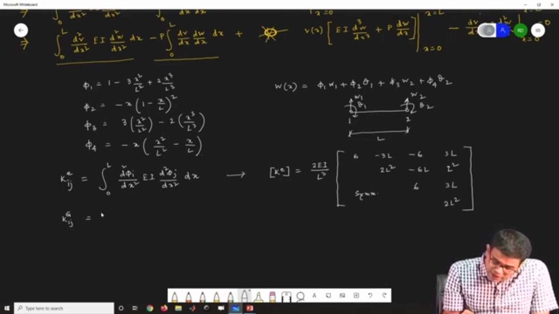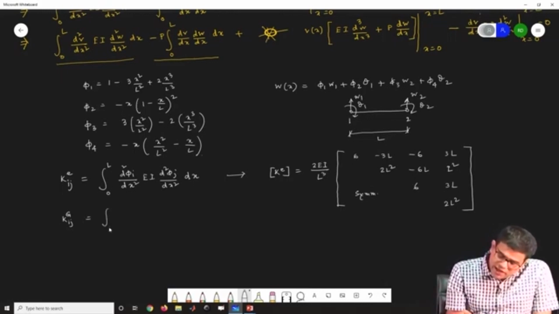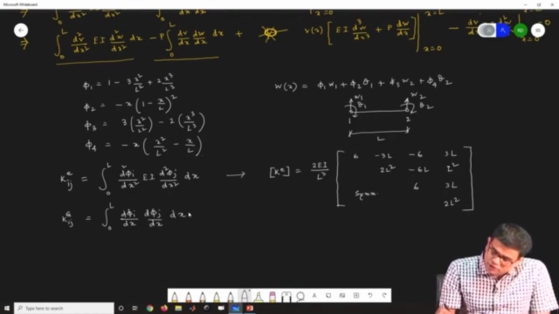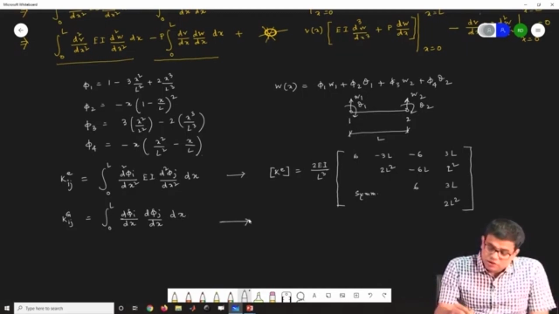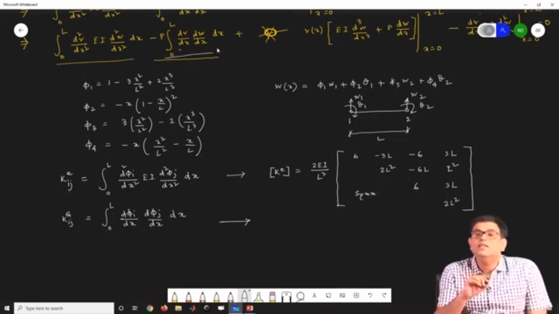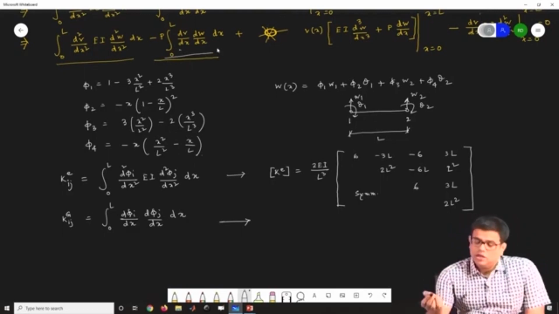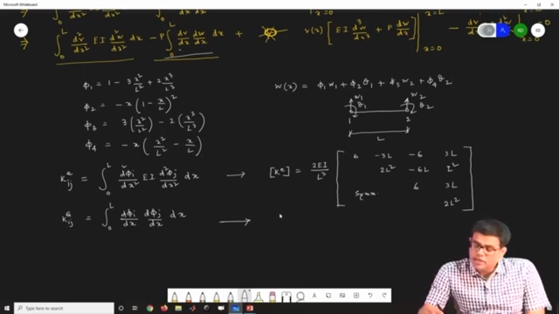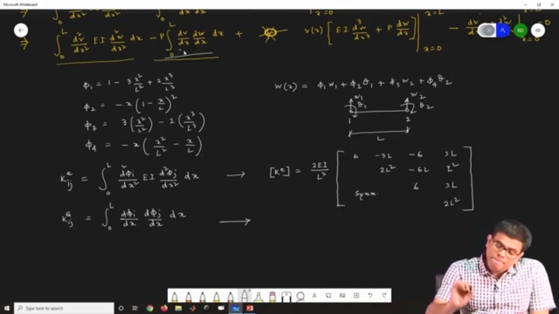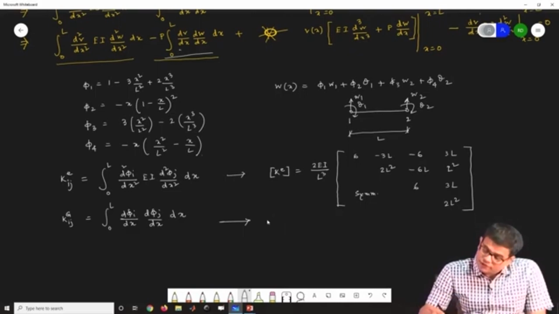Now if I write Kgij, this will give me dφi/dx into dφj/dx into dx. Since P is my unknown, I do not consider P. So now this will give me my geometric stiffness matrix.